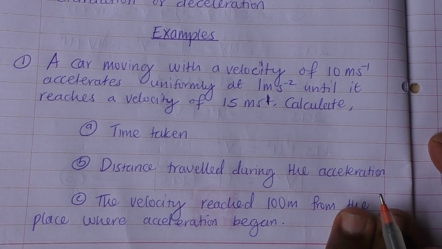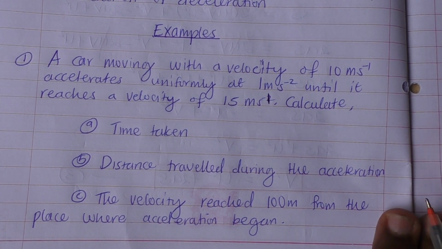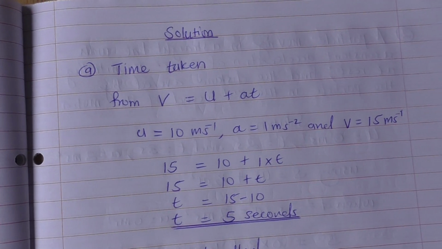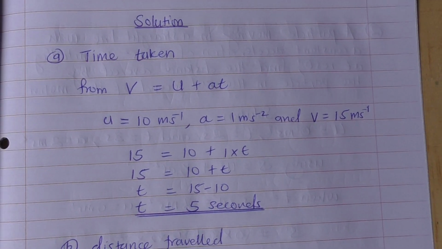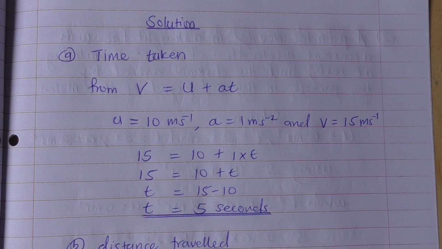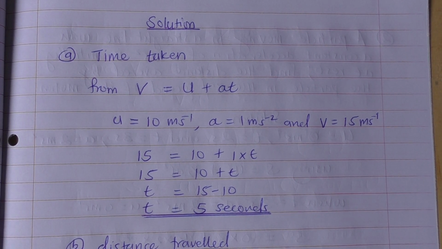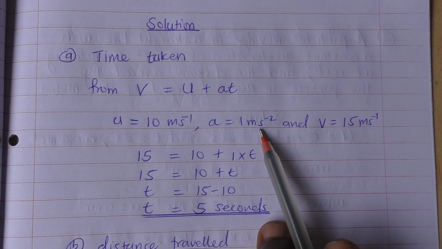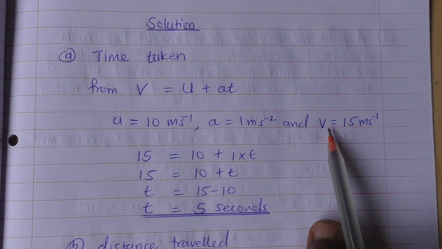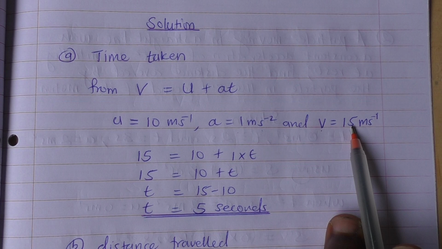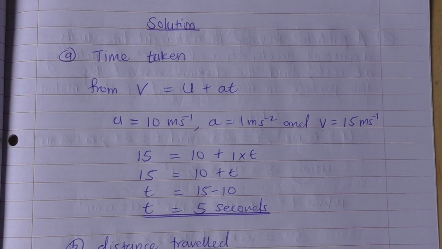So, if we look at our question, we are given the initial velocity u as 10 meters per second. We have the acceleration as 1 meter per second squared, and the final velocity v as 15 meters per second. We need time.